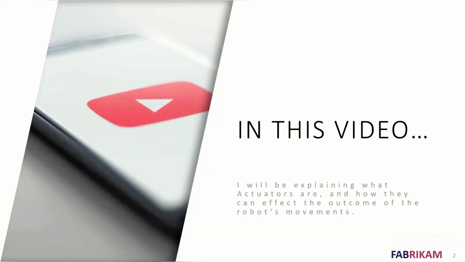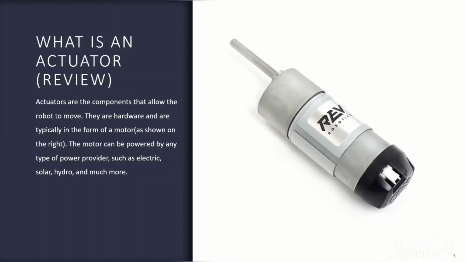So in this video I'll be explaining what actuators are and how they can affect the outcome of the robot's movements. So let's just review what an actuator is first. Actuators are the main components that allow the robot to move. They are hardware and are typically in the form of a motor, as shown on the right, like this FTC Rev Robotics motor, not this VexIQ one.